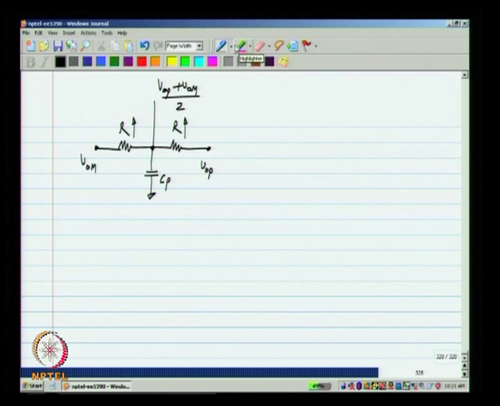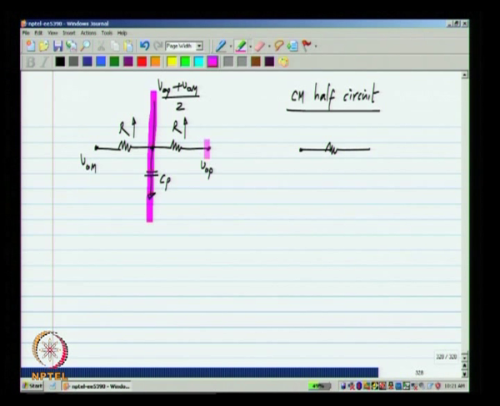What happens is that in the common mode half circuit, let me draw the common mode half circuit of this. I simply take this side of the line of symmetry and fold it back on that side. So I have a resistance R by 2 and Cp, and this is the detected common mode.